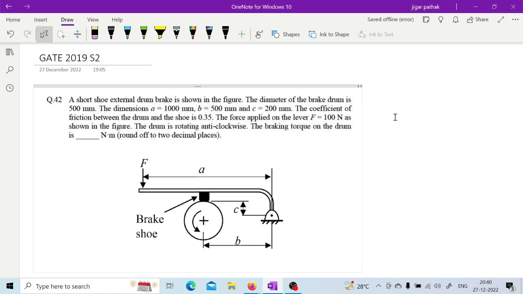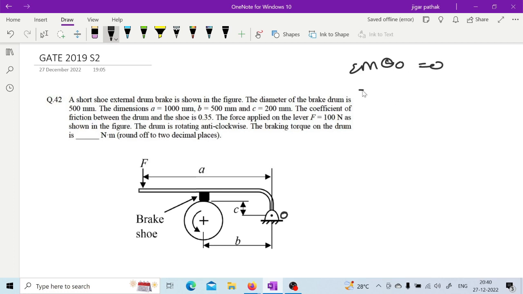Yes, fine. So you can first take the moment about O equals to 0, right? Here again this mu n and n will have this direction.